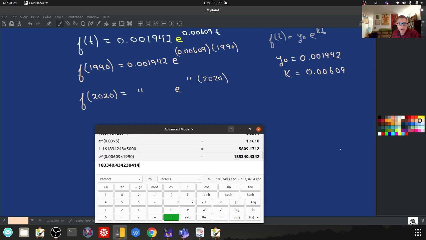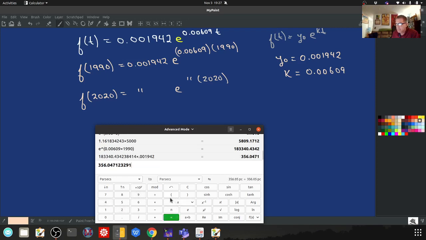And this value right here is the value of the exponential part, the e raised to that. But now I have to multiply it times the start value, the y naught value, and that's 0.001942.